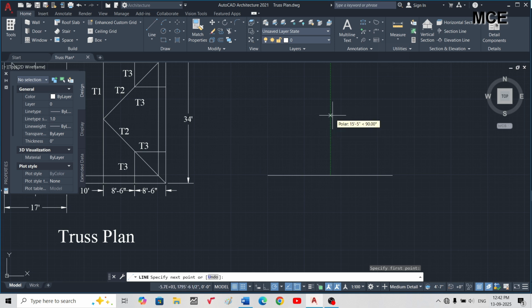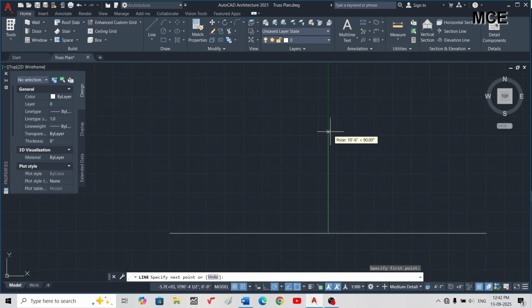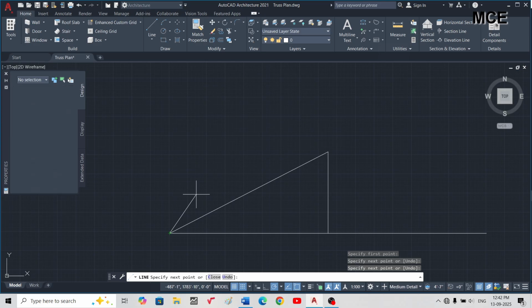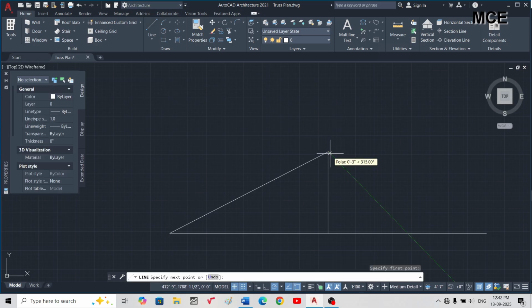So take the rise as 8 feet 6 inch, that is the king post height. After that you will join the king post with the bottom chord and you will get the two rafters of the truss.